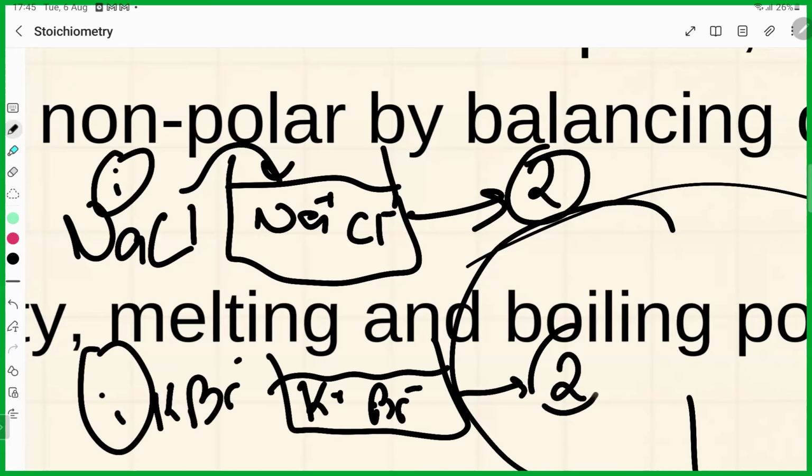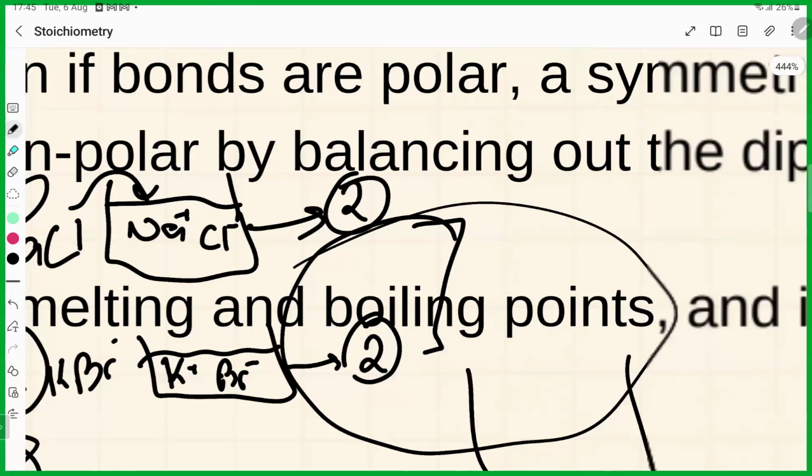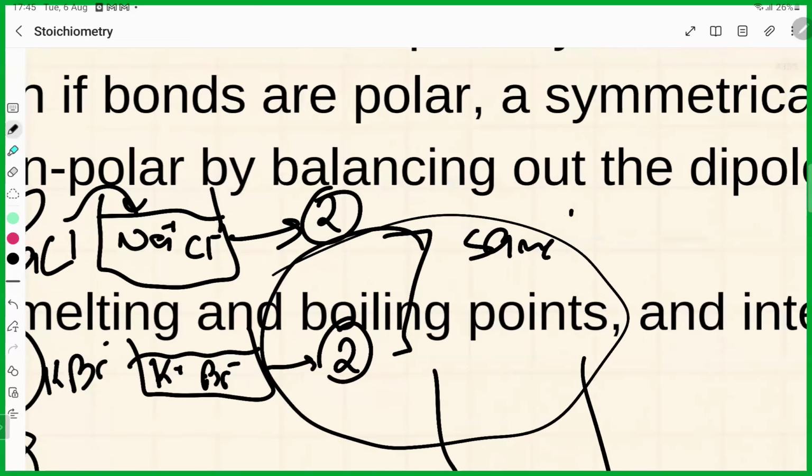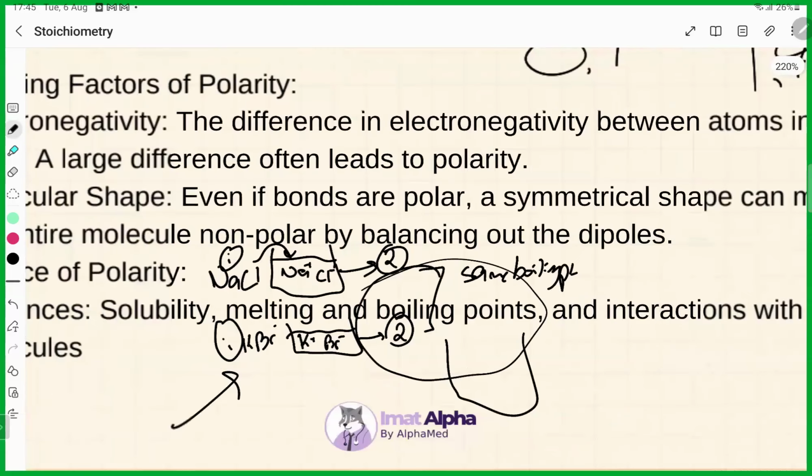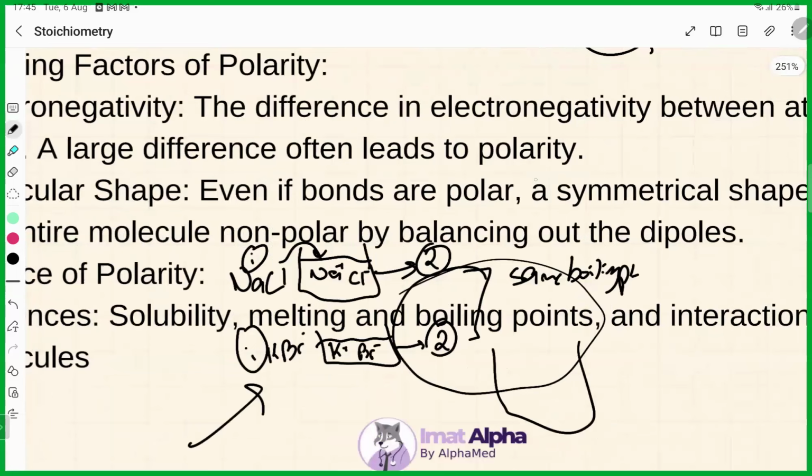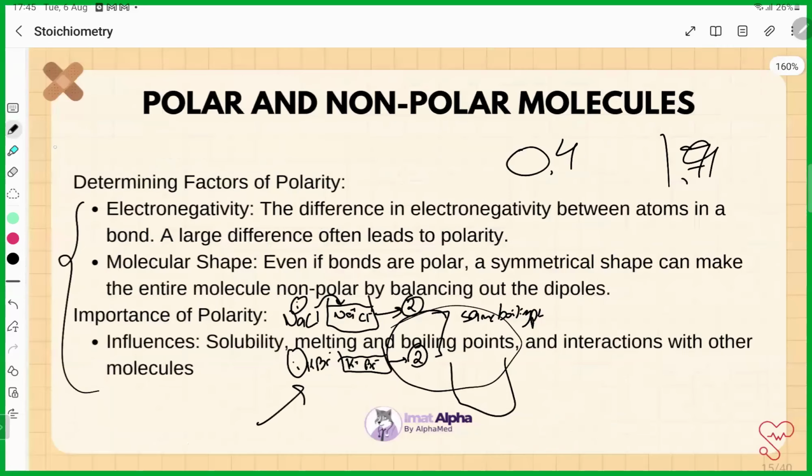Both of them end up with the same number of particles, which means these two solutions have the same boiling point. So the note I want you to take here is that the boiling point only depends on the number of particles.